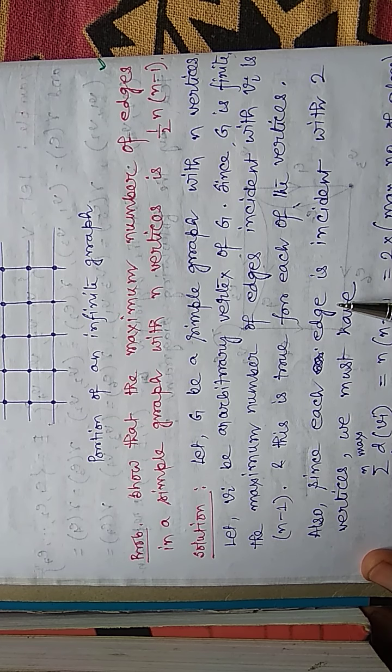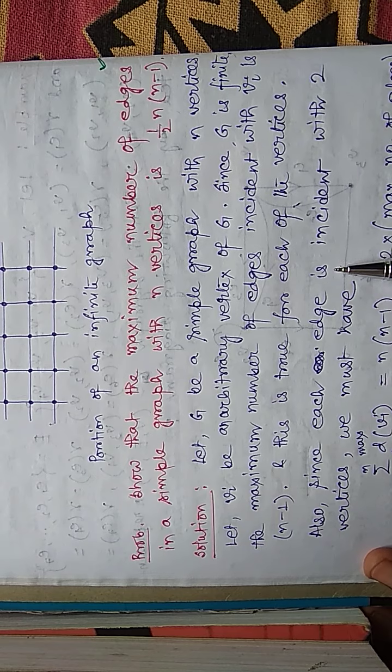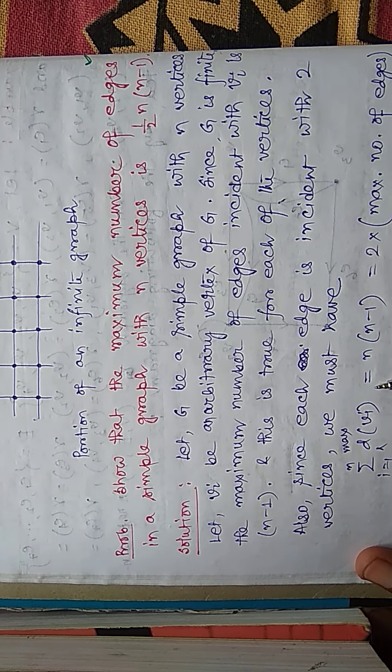Also, since each edge is incident with two vertices, because there is some starting vertex and an ending vertex, and for a loop its ending vertex and starting vertex are the same, we must have the sum of degrees of all vertices.